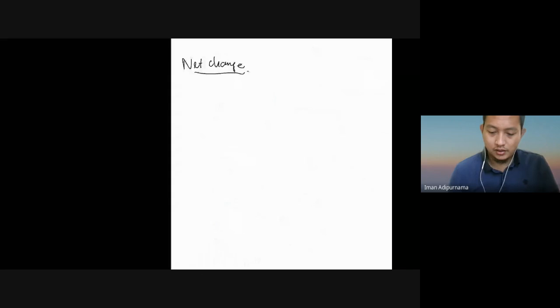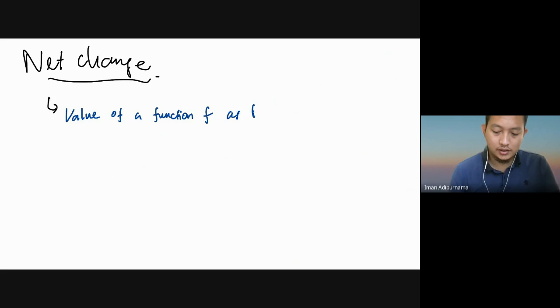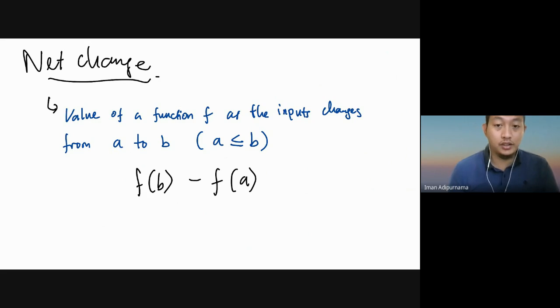It's actually just evaluating the value of a function as the input changes from A to B, where A is less than or equal to B. We can write this as the net change. I think this is pretty standard, not really a big deal.